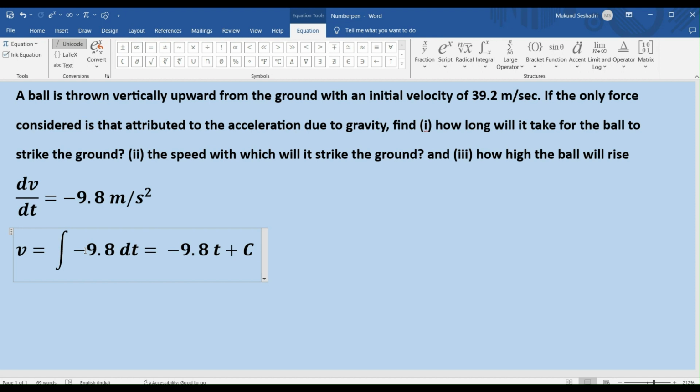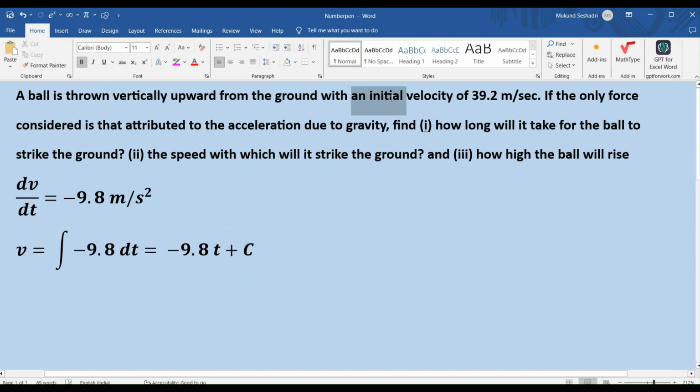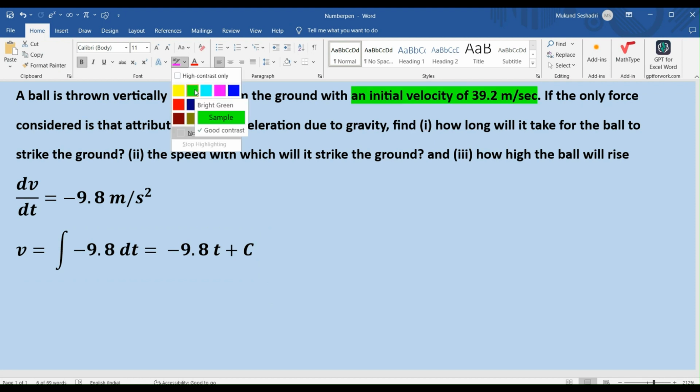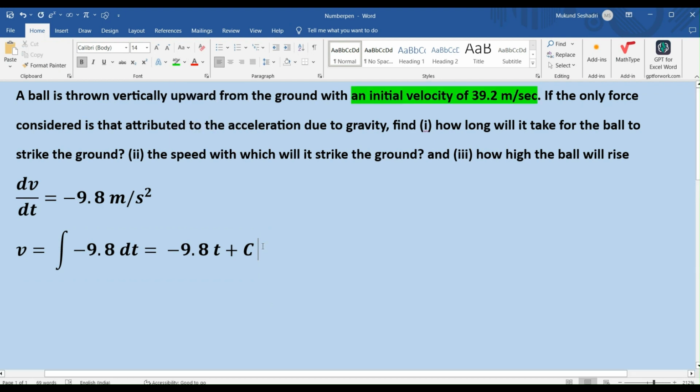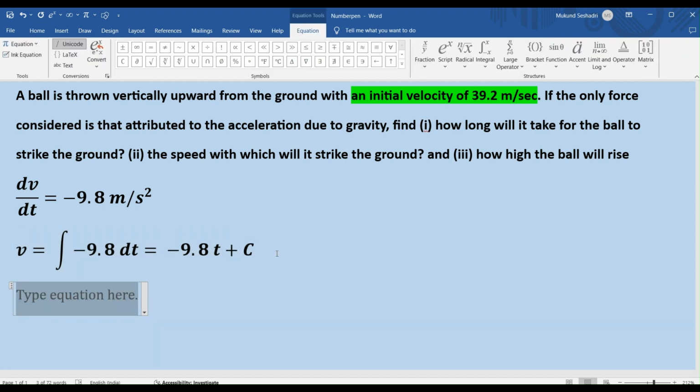And for me to figure out at what instant the velocity becomes zero, I need to figure out what is my c, right? How do I figure out what is my c here? I use the information which is given to me. Let me highlight it in green. The initial velocity of the ball is 39.2 meters per second, right? And what do we mean by initial velocity of the ball? The initial velocity of the ball is nothing but when t equals 0, right? So when t equals 0, my v equals 39.2, right?